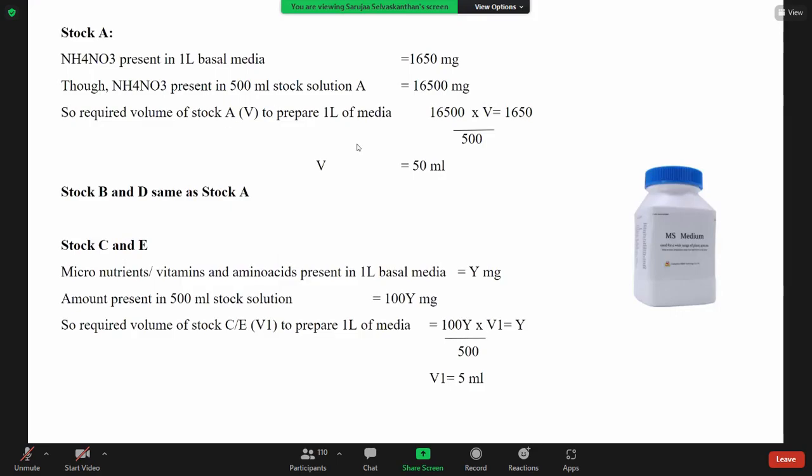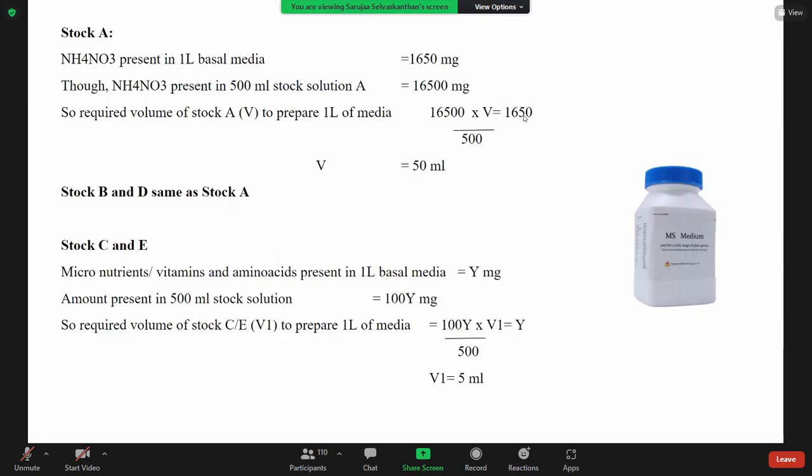Simple calculation. The 500 milliliter stock solution consists of 16,500 milligram of ammonium nitrate. So in which volume can we get 1,650 milligram ammonium nitrate?